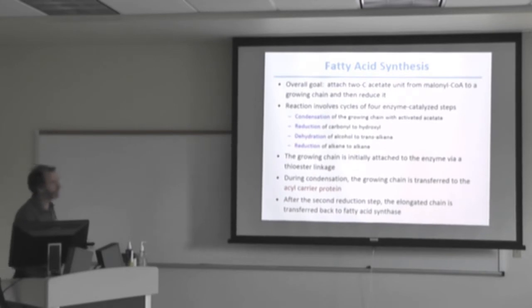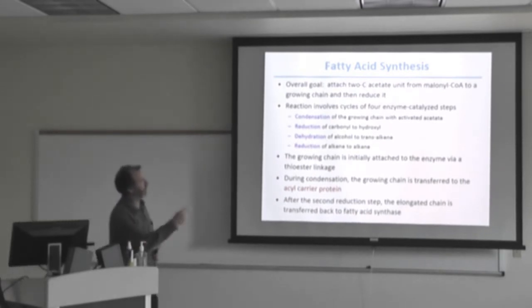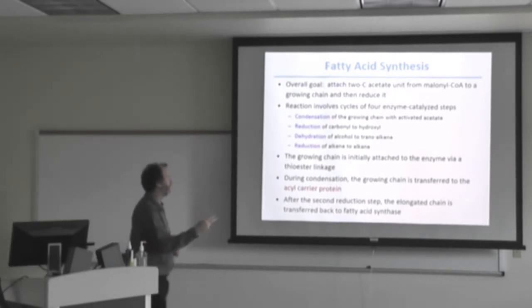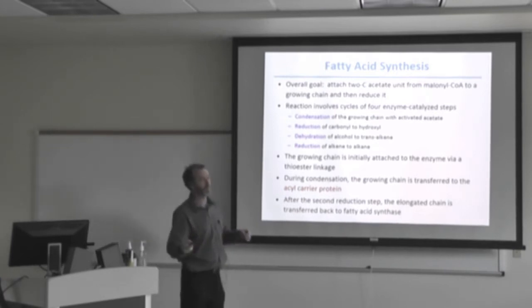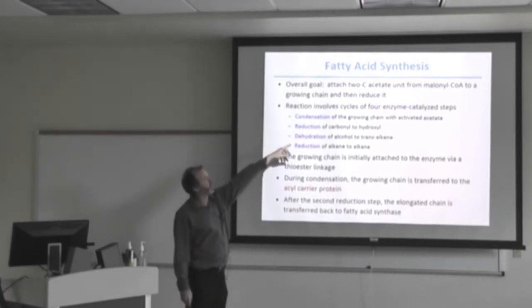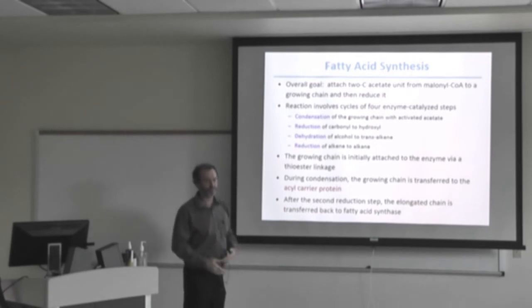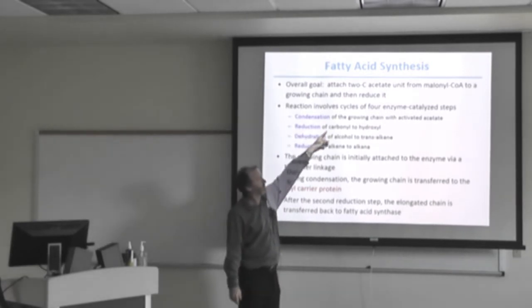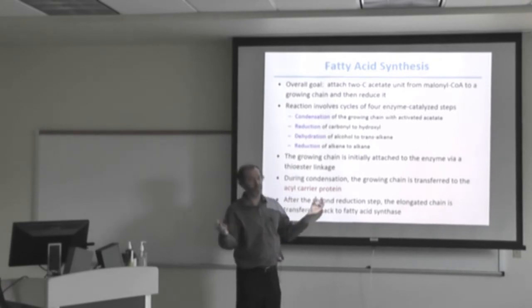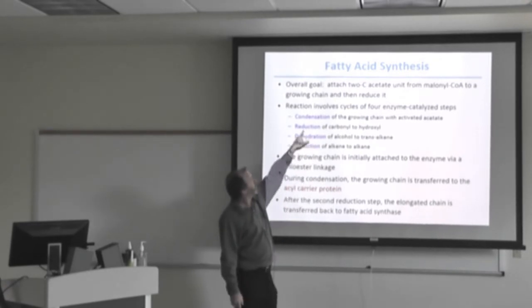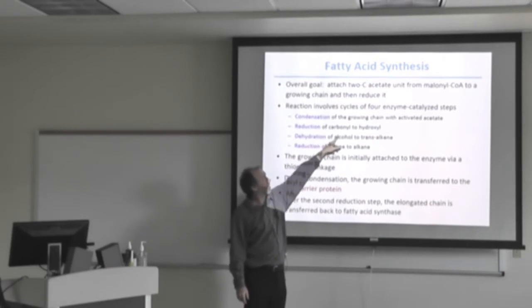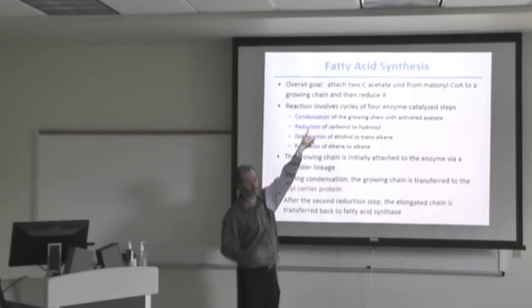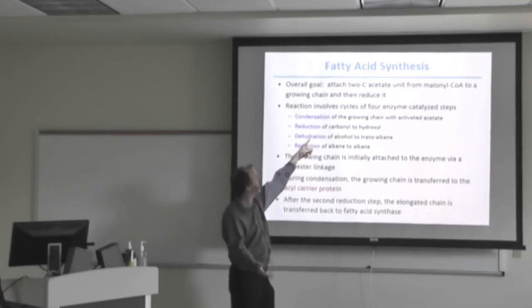So fatty acid synthesis, the overall goal is to attach 2 acetate units from malonyl-CoA to a growing chain and then reduce it. Reactions involve the 4 cycles. It's basically the reverse of beta oxidation, right? So we have condensation, and that produces a beta keto acid. Reduction of carbonyl to a hydroxyl, so you take that ketone group and convert it to an alcoholic group.